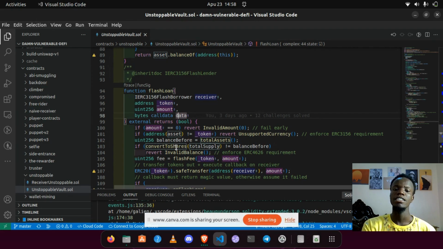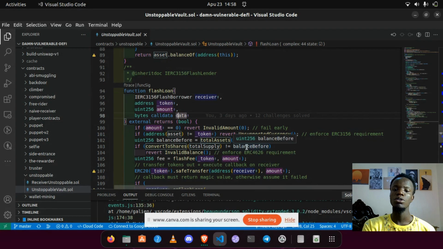And it checks the balance buffer, which is the total amount of tokens held by the contract, against the total supply converted to shares. So here's where the vulnerability is. Why?